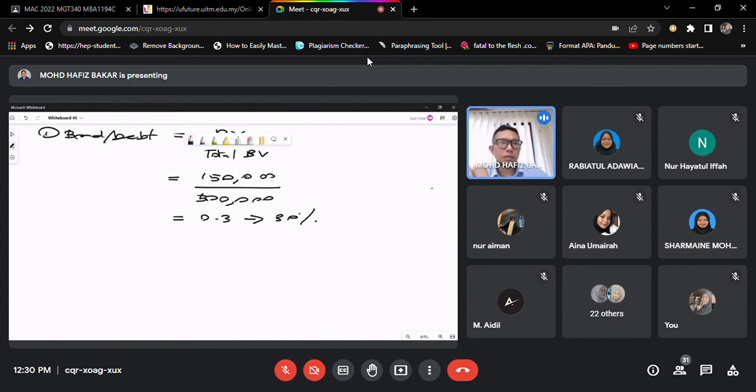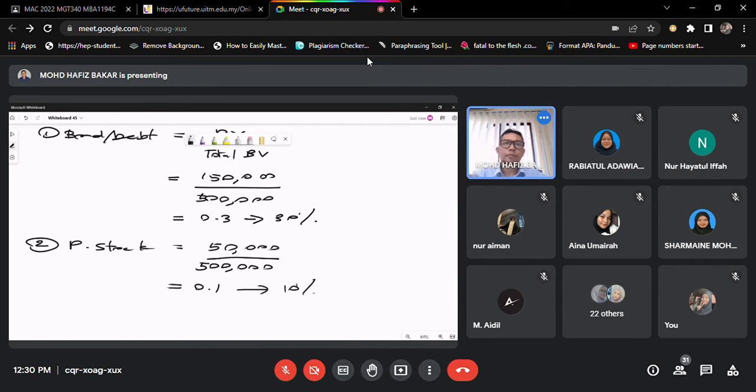And then the second one, preferred stock: 50,000 divided by 500,000. So 50 divided by 500 is equivalent to 0.1 or 10%.